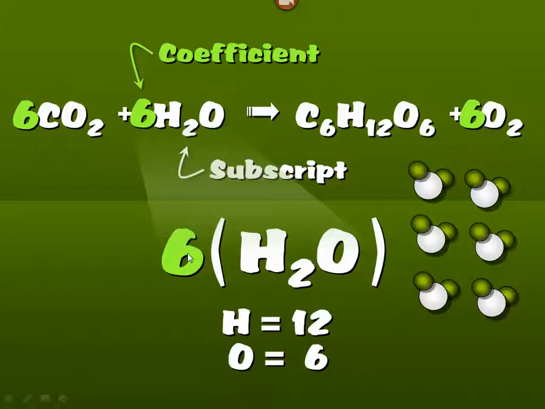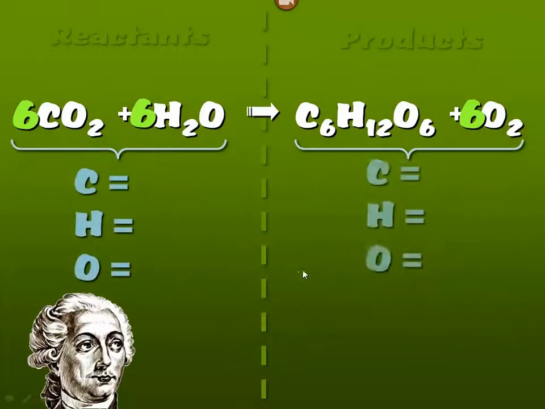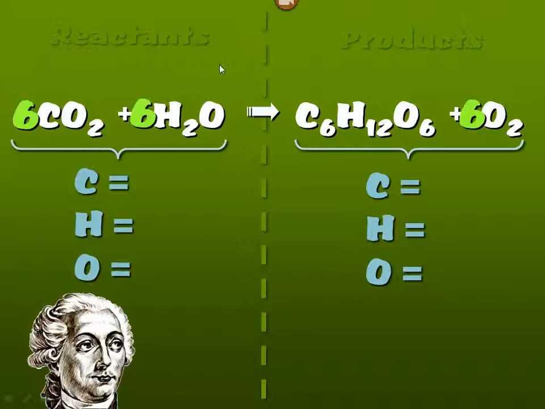So looking at this, it's kind of like, I think it's called the distributive property of multiplication, where 6 times this and then 6 times that would tell you the total number of atoms in this number of these molecules.